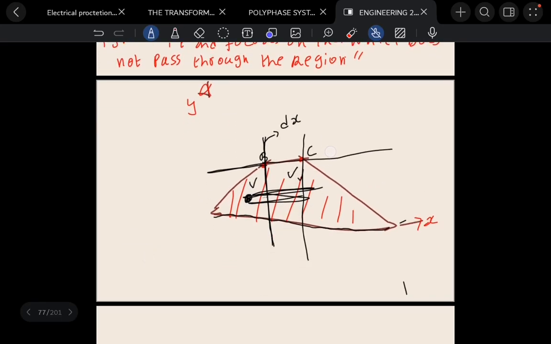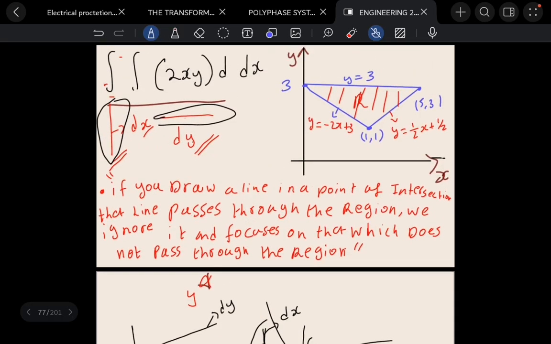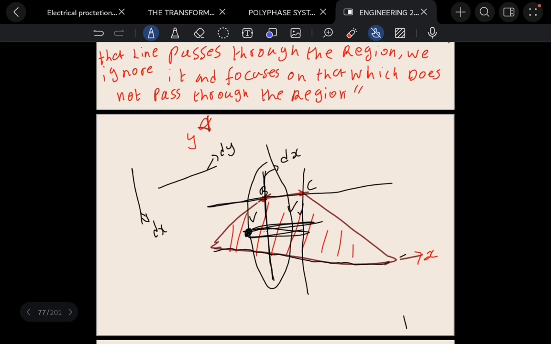So when you draw a line, vertical or horizontal, and it turns out to divide a region, remember that the vertical line means dx, the horizontal line means dy, right? Because we have drawn a line at B, which is vertical, it means that at your last integral you must not end with the dx because it divides the region.